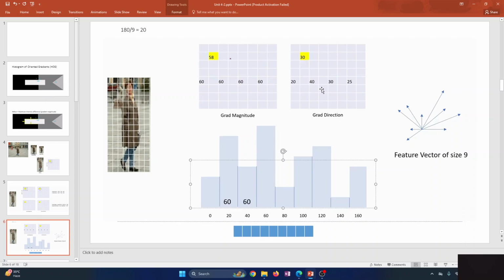Now next, as we move ahead, we found 30 over here. Listen to this carefully. Now we want 30. The direction is 30 and the magnitude is 60. Can you see 30 here? The 30 is nowhere written. But we know that 30 lies between 20 and 40, right? 30 will be somewhere here.